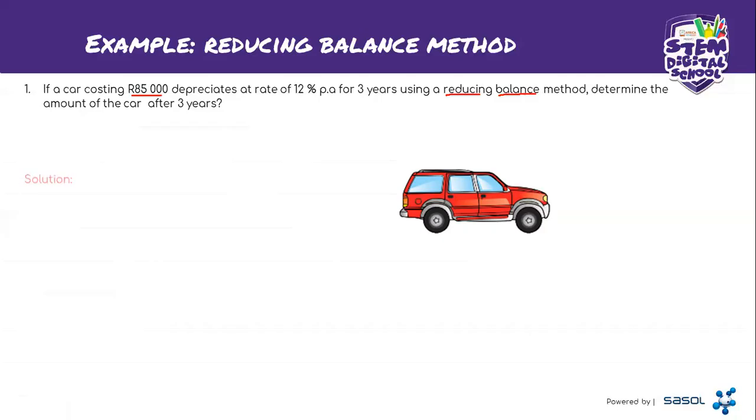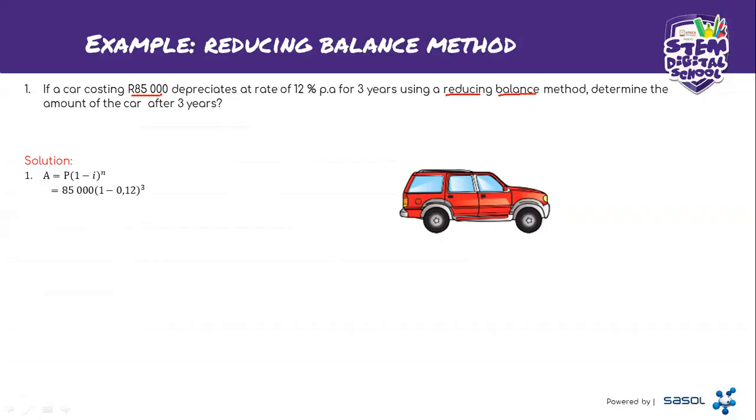Now, let's see how you go about it. How do you calculate? You first write the correct formula for the reducing balance method. We know which formula we have to use on that. Then we're going to substitute the value of P, I, and N, right?